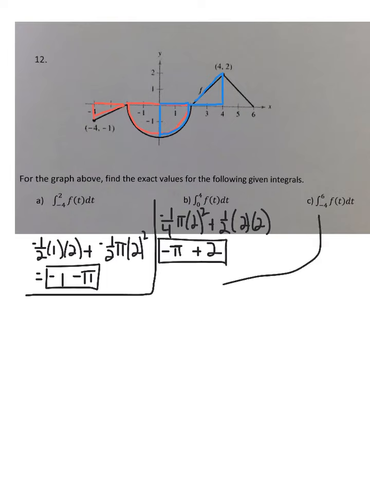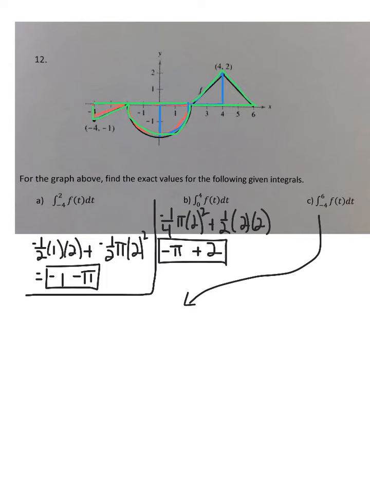All right, number 6, I'm going to put it down here. Now they want me to go from -4 to +6, which is essentially the entire picture that we have here. So that's asking for all of this plus all of that. All right. I'm going to split this up as best as I can.